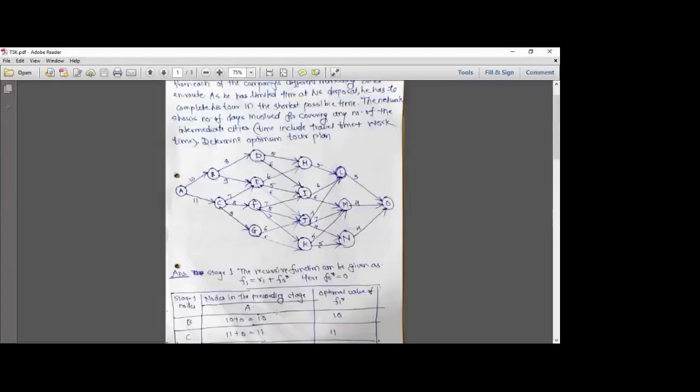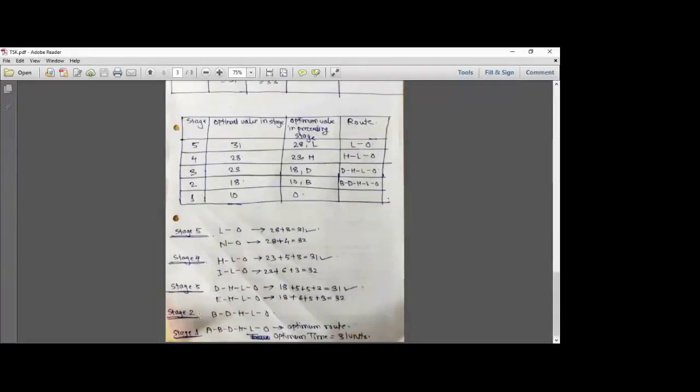Now the starting node is A, and we can write here, complete the table, and the final route that we are getting is ABDHLO, which is the optimum route. And the optimum time that we get is 31 units, right? So when there is a tie, you have to simplify this in this particular manner, and then after that you have to fill up this table, right?